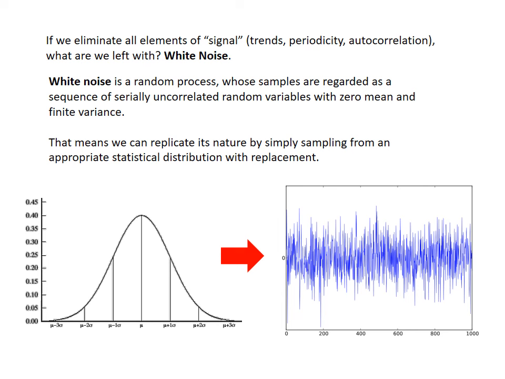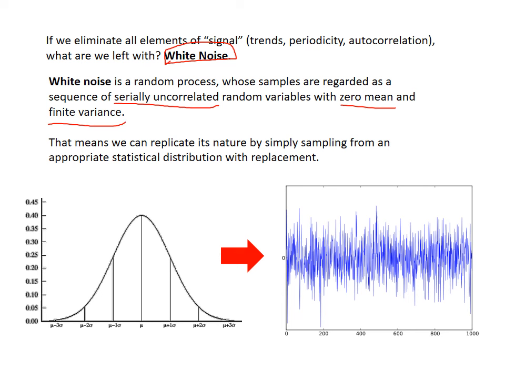So if we eliminate all signal elements here, we get rid of the trends, we get rid of the periodicity, and then we get rid of autocorrelation, what are we left with? White noise, right? So white noise is a completely random process whose samples are regarded as a sequence of serially uncorrelated, so no autocorrelation, random variables with zero mean and finite variance.